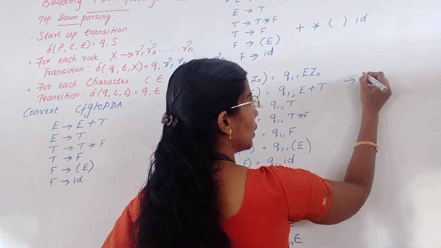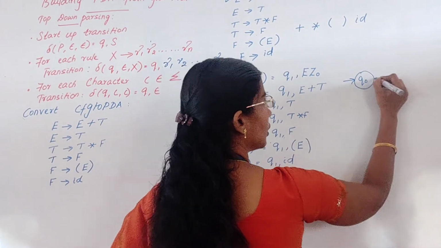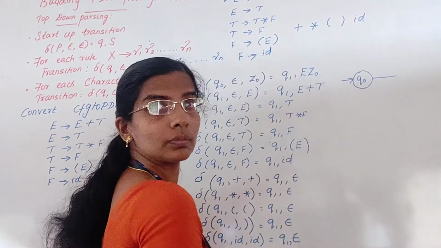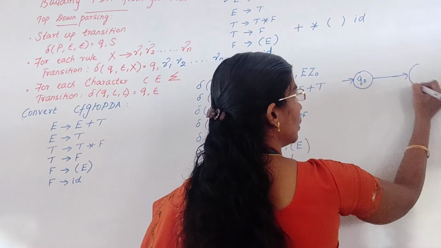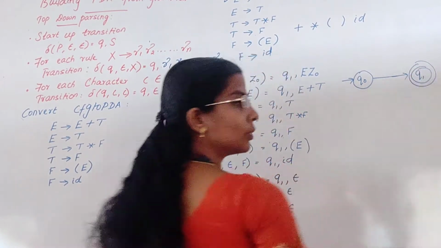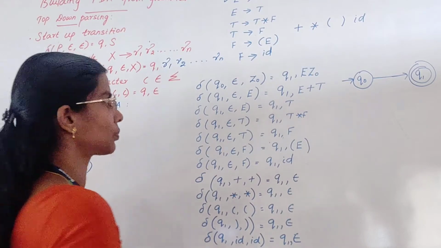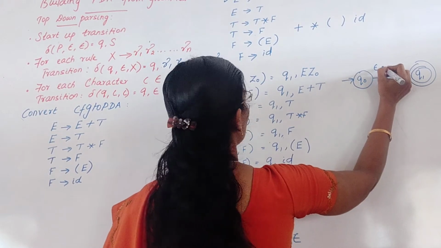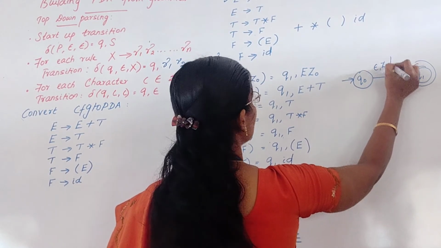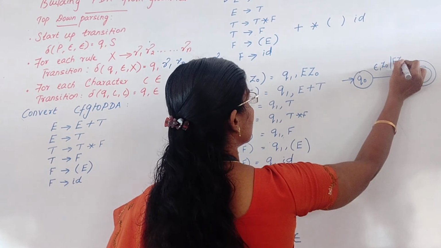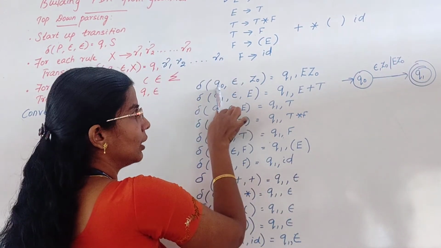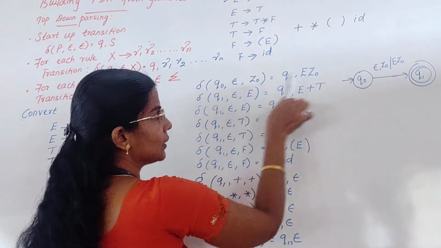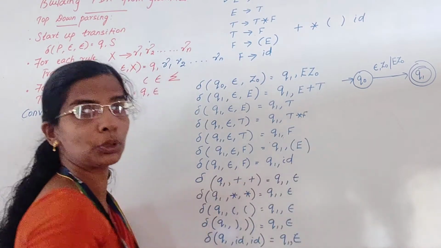So from Q0 to Q1, you know how to write it: epsilon, comma, Z0 slash E Z0. There is a transition from Q0 to Q1 on epsilon, comma, Z0. This is my push operation.